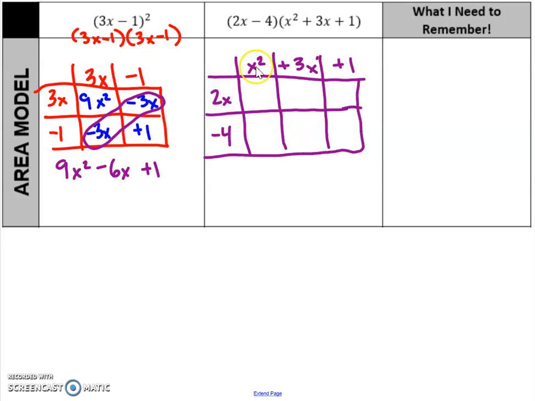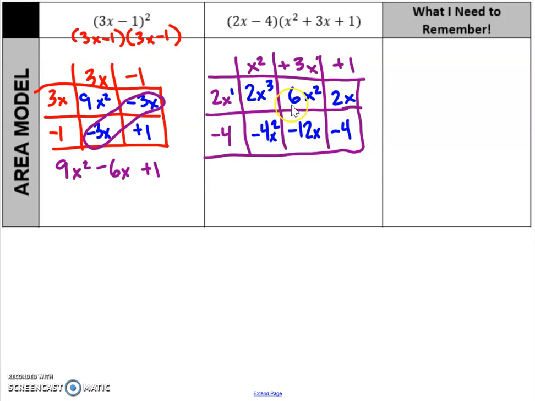Multiply in. 2x times x squared is going to be 2x. I have 1 here, 2 here, so x cubed. 2x times 3x is going to be 2 times 3 is 6. x times x is x squared. And 2x times 1 is 2x. To the bottom we go. Negative 4 times x squared is negative 4x squared. Negative 4 times 3x is negative 12x. And negative 4 times 1 is negative 4.